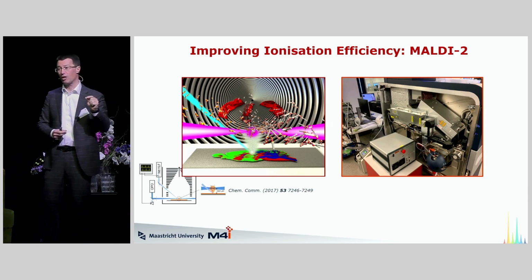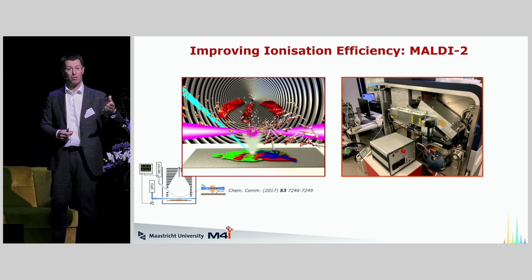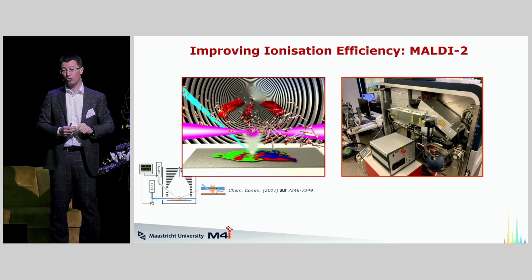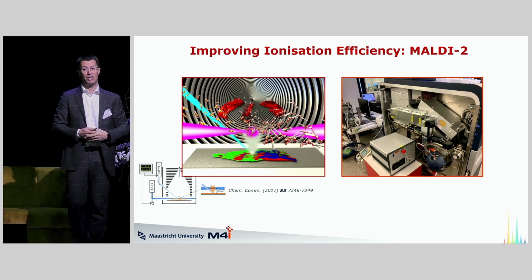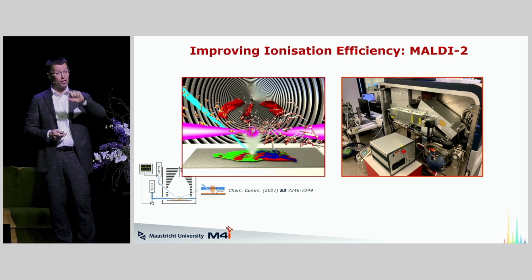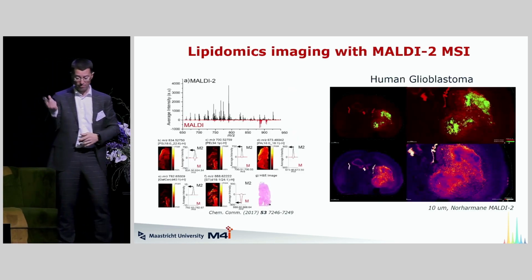And right now, where we are with the new instruments that are provided by a number of the vendors, and with the guys from Bruker, we've actually got it down to between 1 and 3 micron spatial resolution. So very similar to what you see in mass cytometry. So this is an example here of a timsTOF Flex with the second MALDI-2 laser built in.